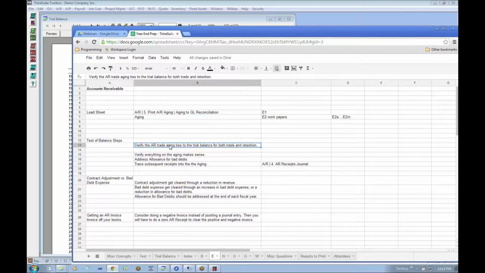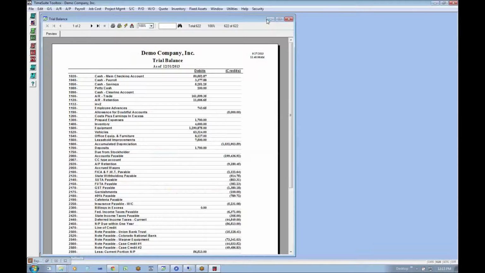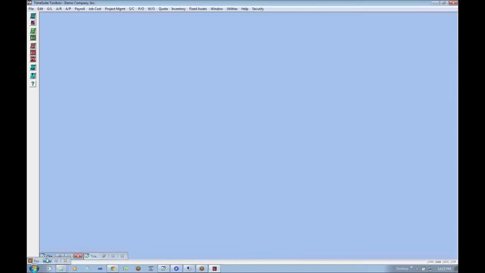And then you want to verify that everything on the aging makes sense. So if you have things that you're really not going to collect, you might want to set up an allowance for doubtful accounts. What that typically looks like on a balance sheet is this.